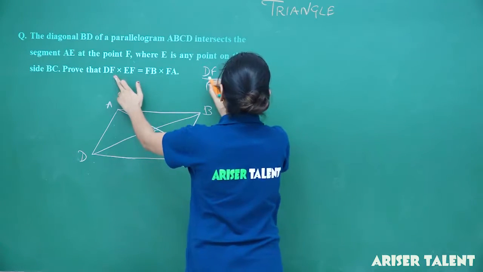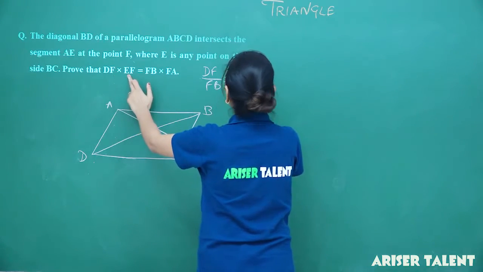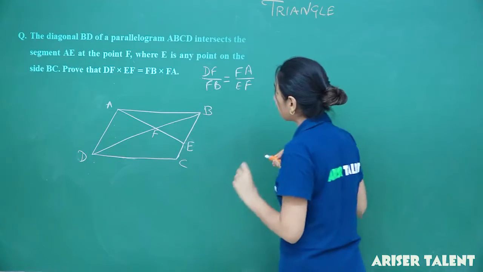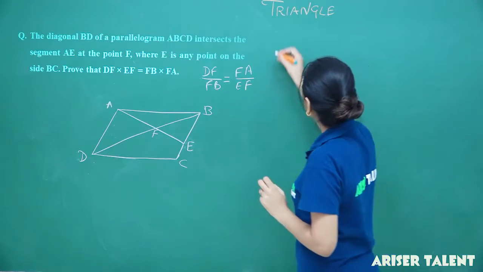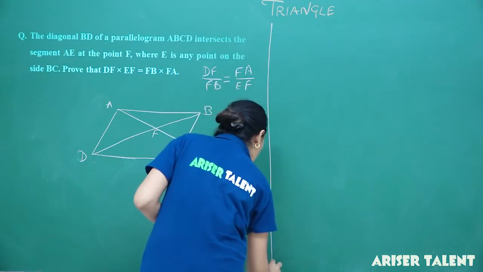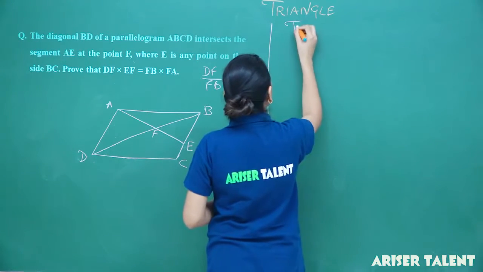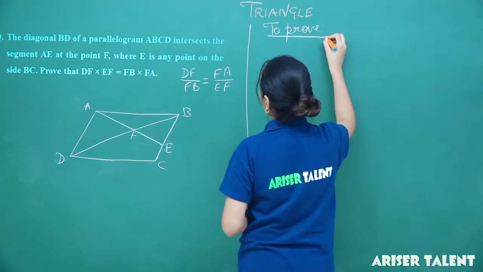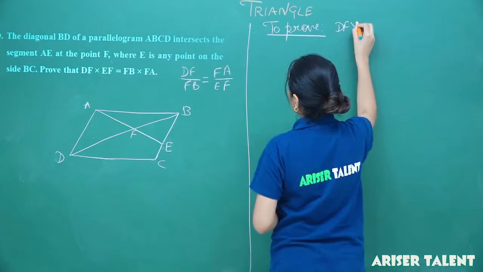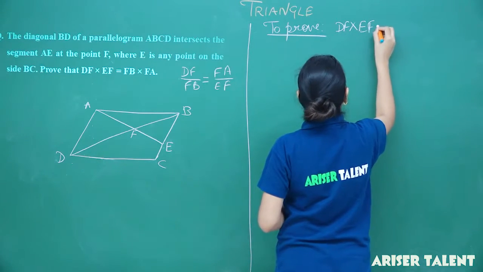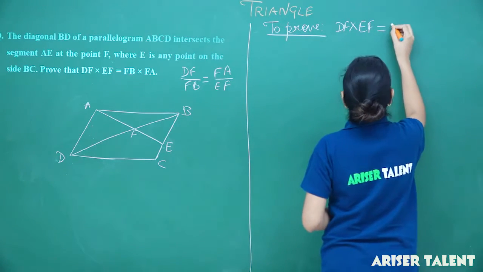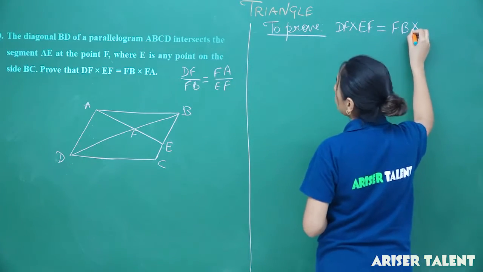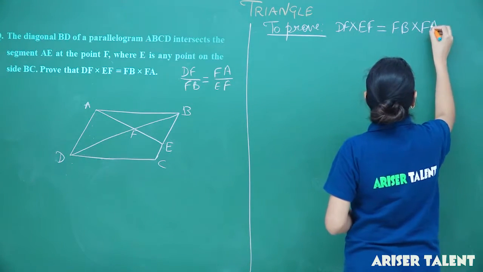So DF, EF, FA, FB. Right. Now start doing the question. To prove is what? DF by EF equals FB multiplied by FA.